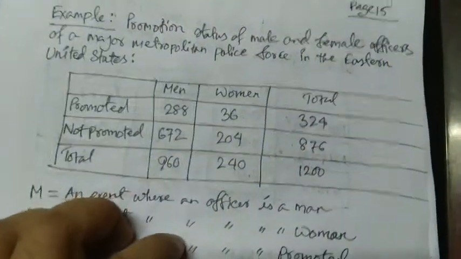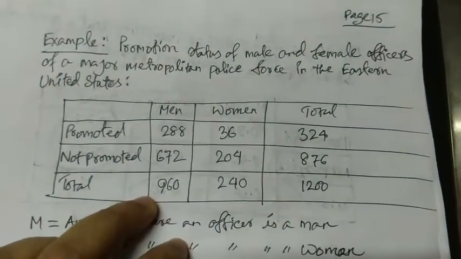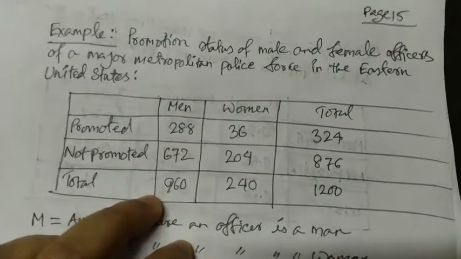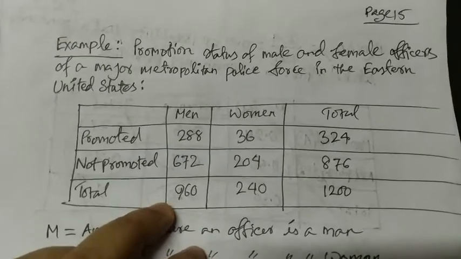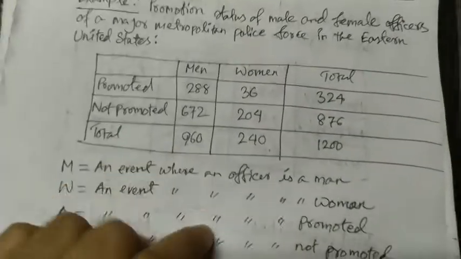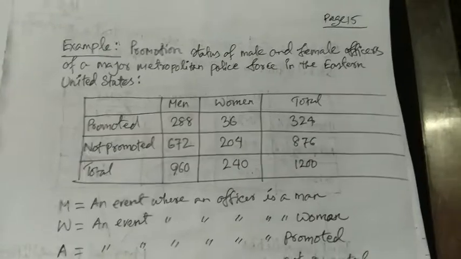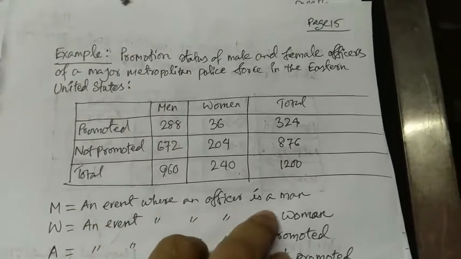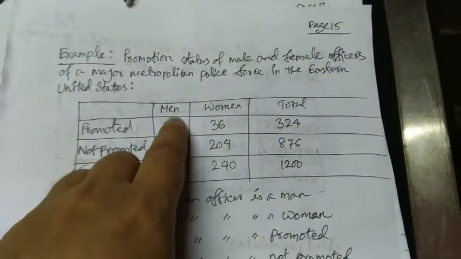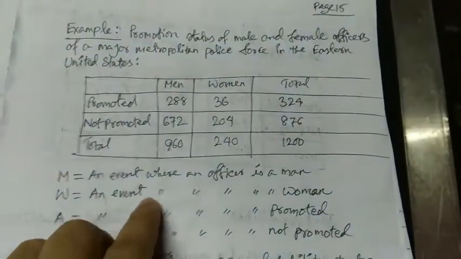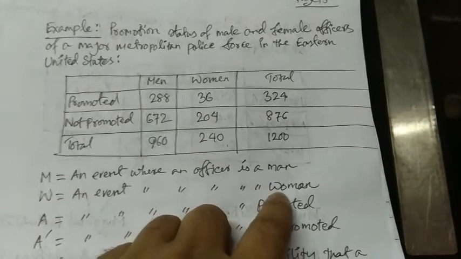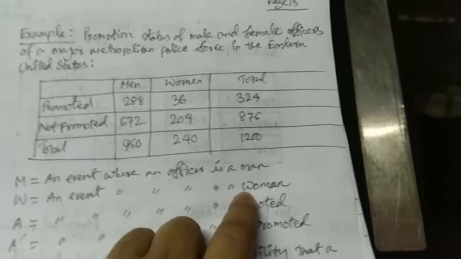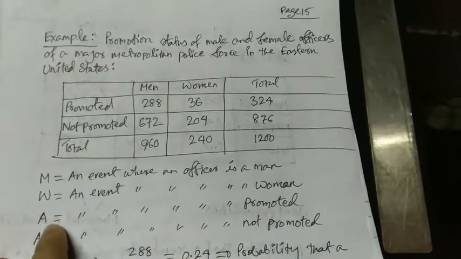Let us denote M as an event where an officer is a man, and W as an event where an officer is a woman.